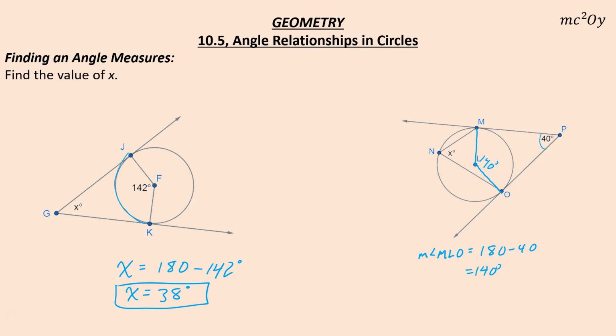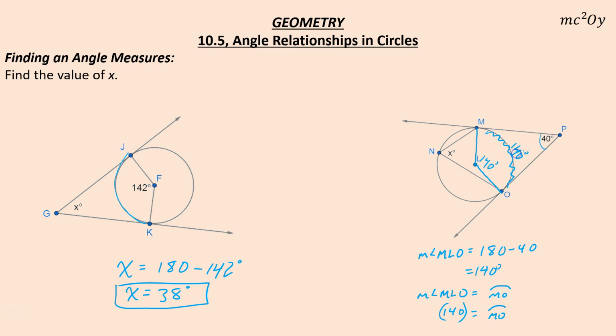Measure of angle MLO is 140 degrees, but it is also equal to the arc MO. The arc is equal to its central angle. So if MLO is 140, then MO is also 140 by substitution. That means this arc is 140.